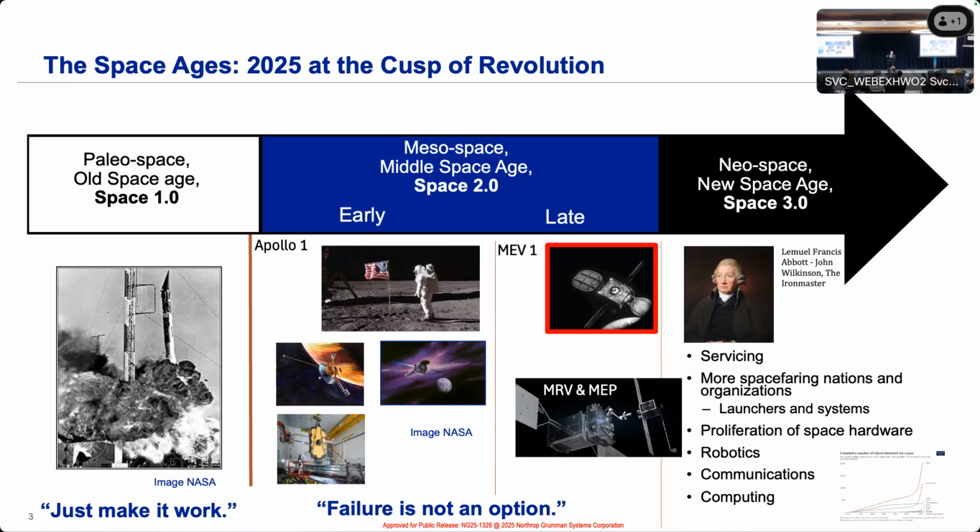And we're standing on the cusp of an engineering revolution. That's John Wilkinson. He was probably the pointy end of the spear on the Industrial Revolution. We can have a debate with any history professors, but that's why he's there, to indicate that we're on the cusp of this new revolution that I call Space 3.0 or New Space.